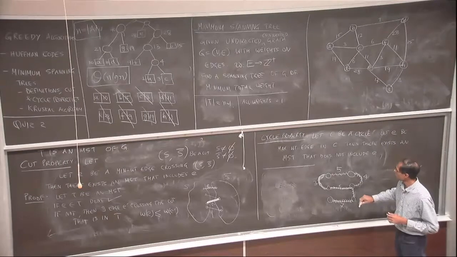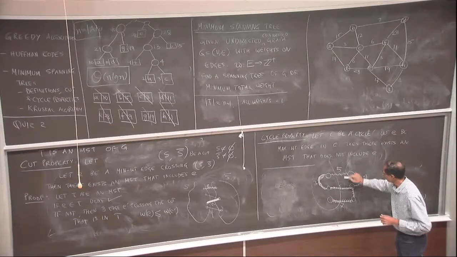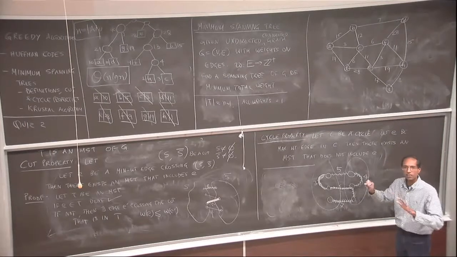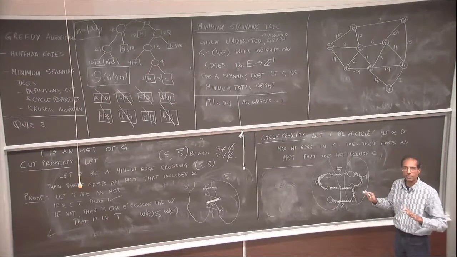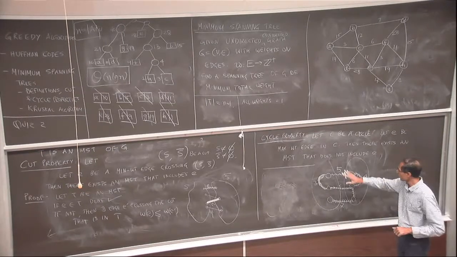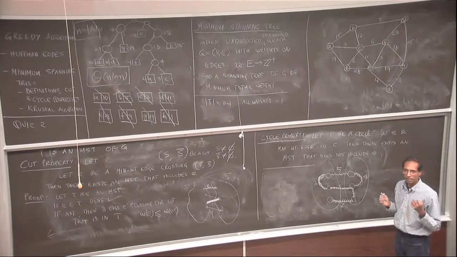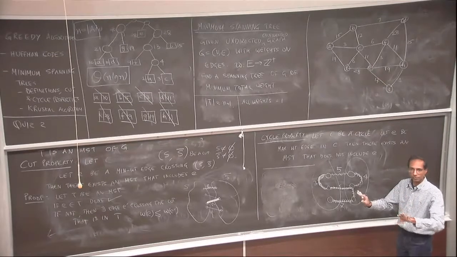Okay. A cut is any way to separate. It has nothing to do with connected components or anything like that. A cut is just any way to separate two sets. So this is the cut. But when you say that the left side isn't one component, it need not be. A cut is just a separation of two things.